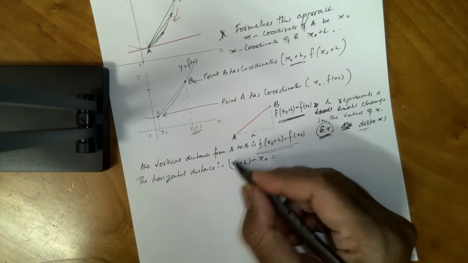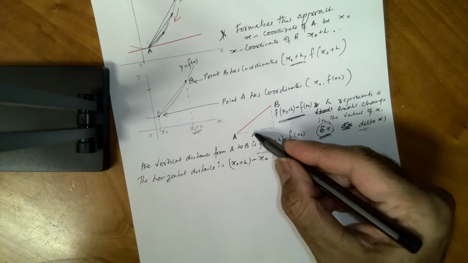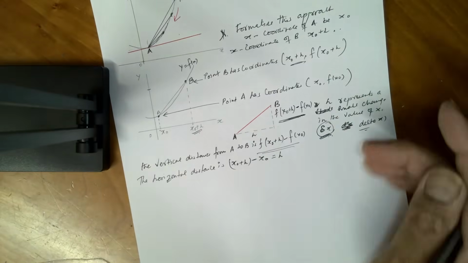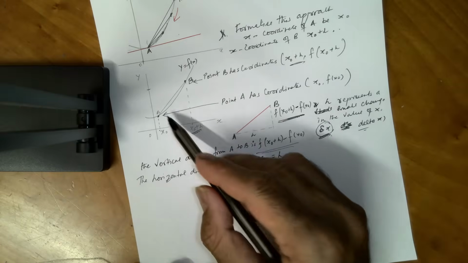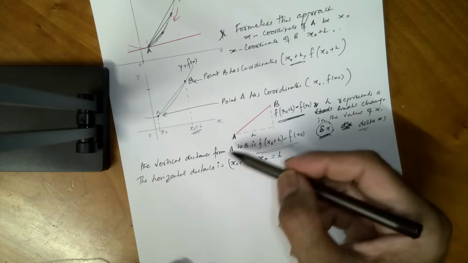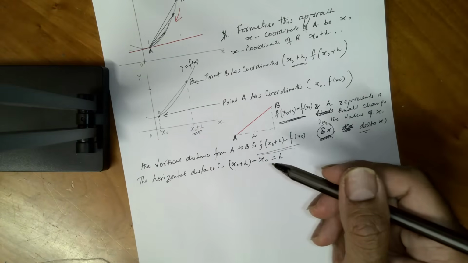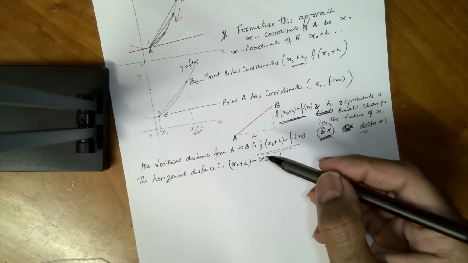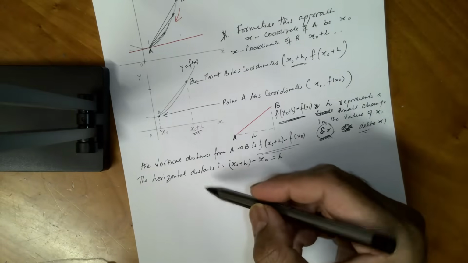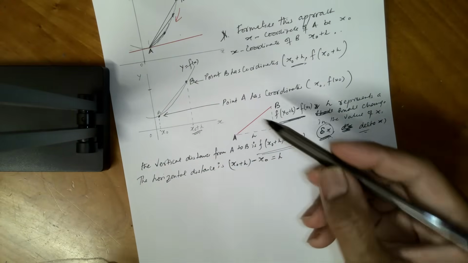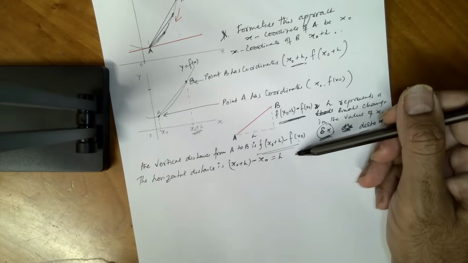Once you open this one, things cancel out and that will be your h. That was the reason I drew this line here in red, so that you will understand how you calculate the vertical distance and the horizontal distance. I hope this is clear to you. Once this is clear, that will make a lot of understanding. So you got your vertical distance, and this horizontal distance is this.